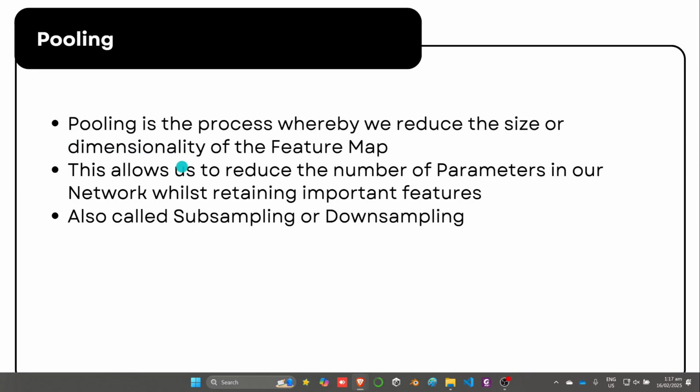or the dimensionality of a feature map as we progress through the network. You will recall seeing that reducing the size isn't always good because we tend to lose information.